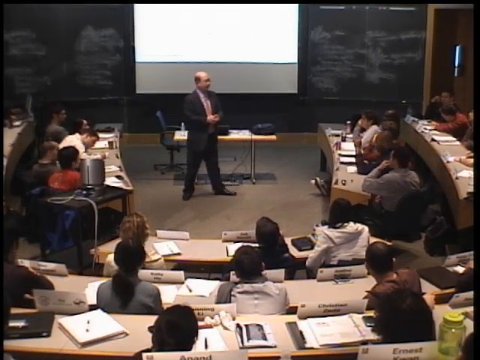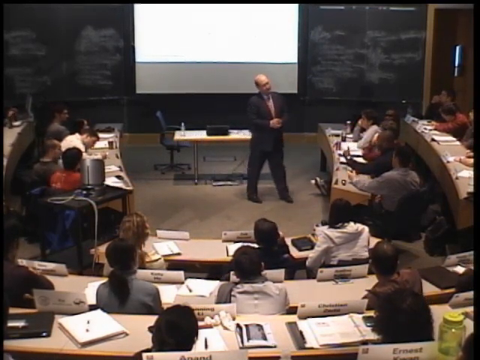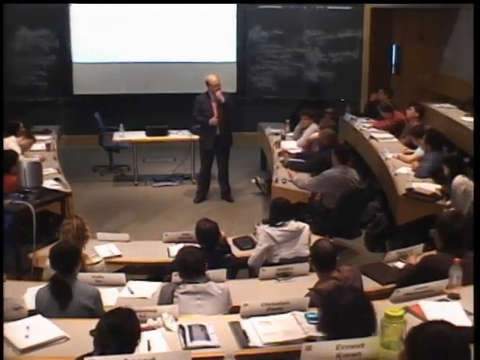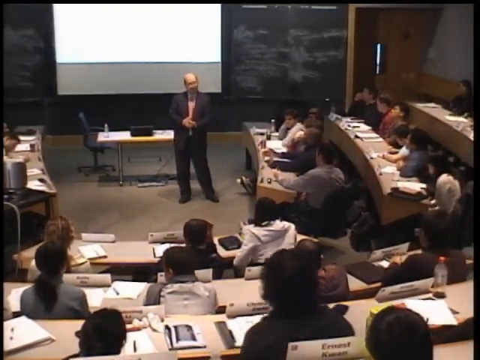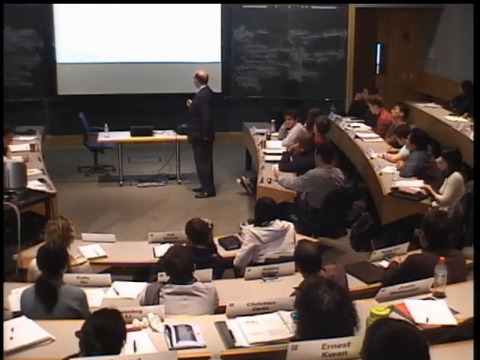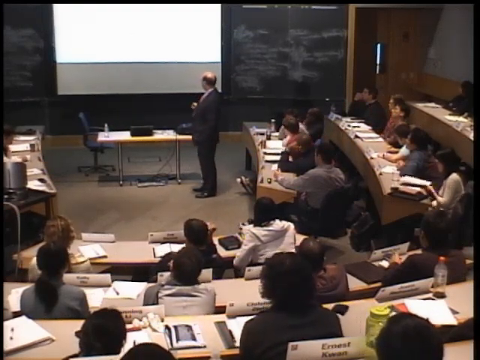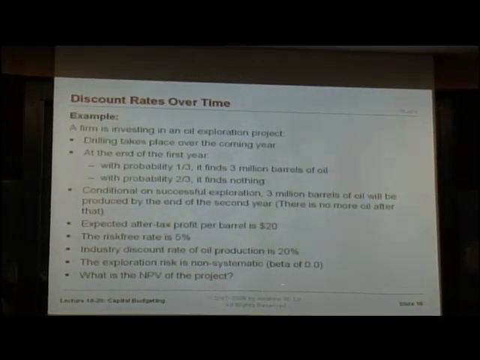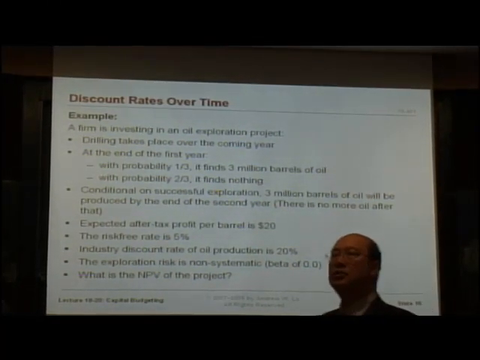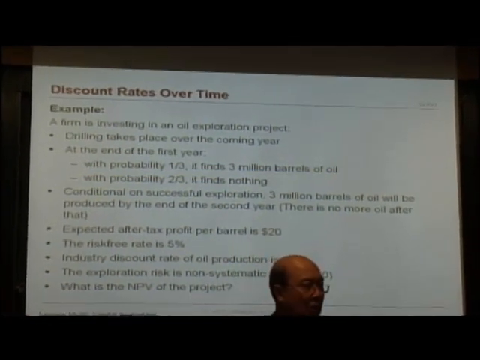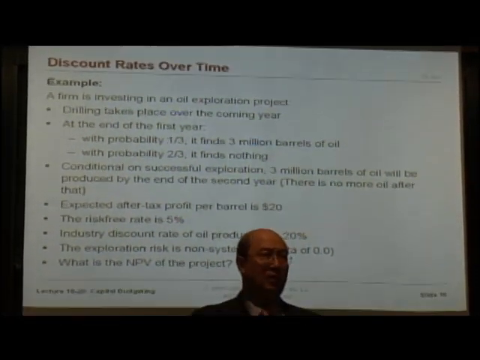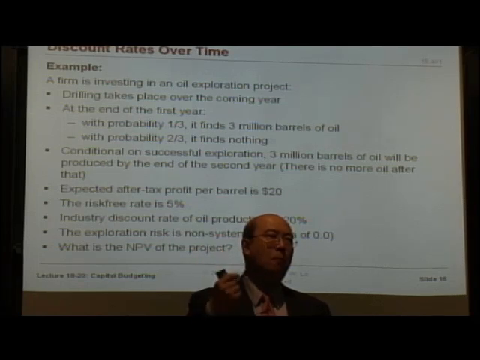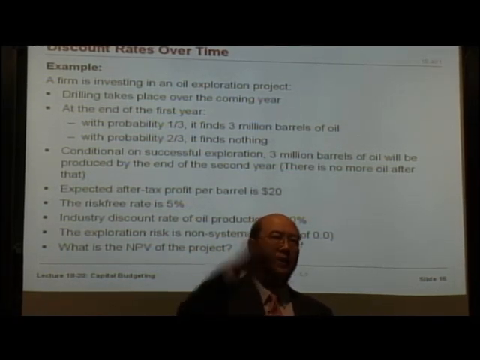Ken? Could you just restate again why the first year is the 5% as opposed to 20%? Sure. The first year is the 5% because I told you here that the exploration risk is completely non-systematic. It's zero beta. So when you're drilling for holes, whether or not you find oil has absolutely no bearing on whether the market is up or down.